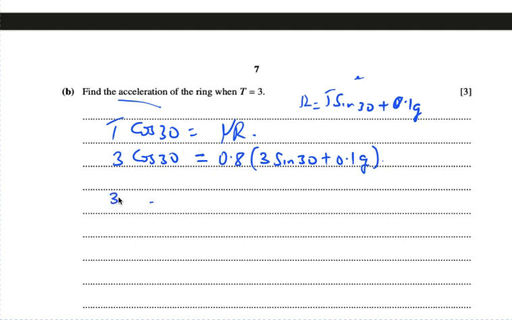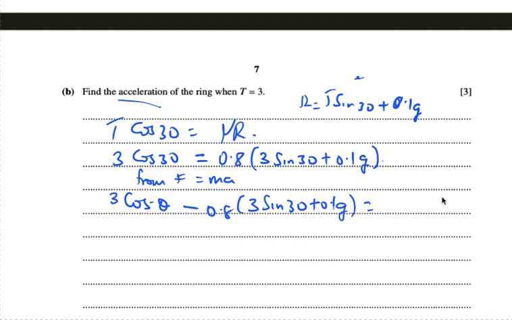So from F is equal to ma, 3 cos theta minus 0.8 times 3 sine 30 plus 0.1 g is equal to the mass of the ring, which was 0.1, times a.